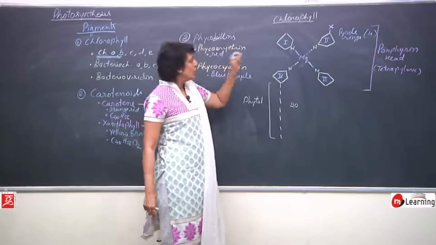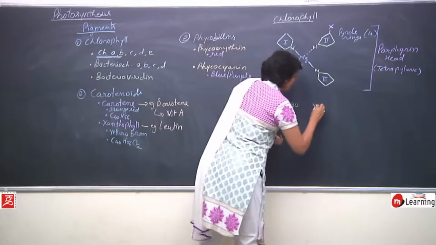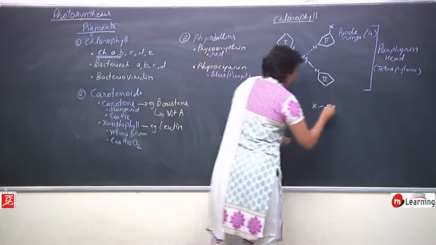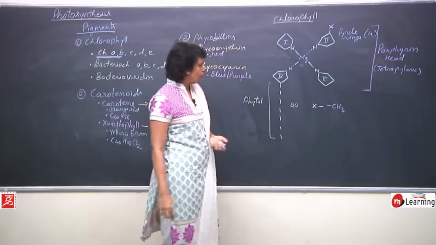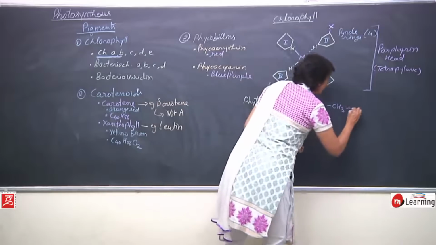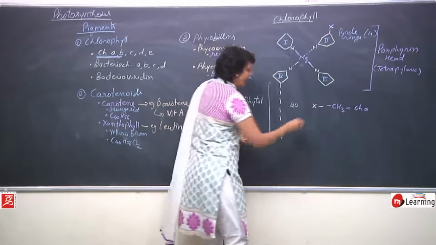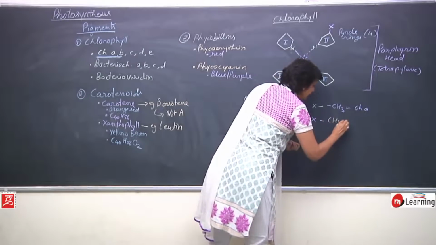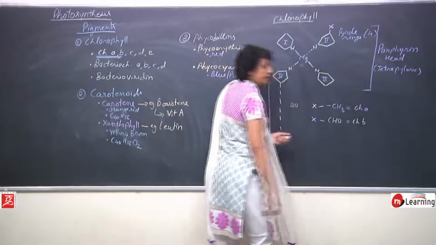In ring 2, there is a position X. If the position X has methyl group, then that chlorophyll is chlorophyll A. If position X has aldehyde group, then that chlorophyll is chlorophyll B.